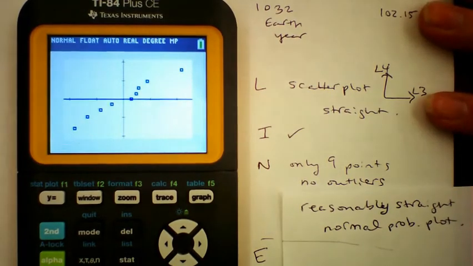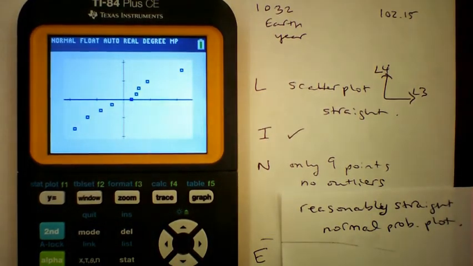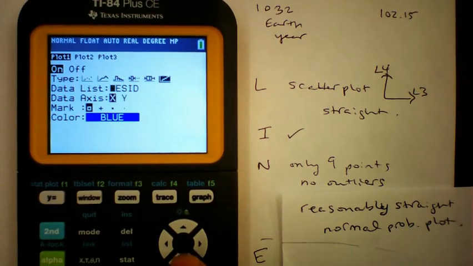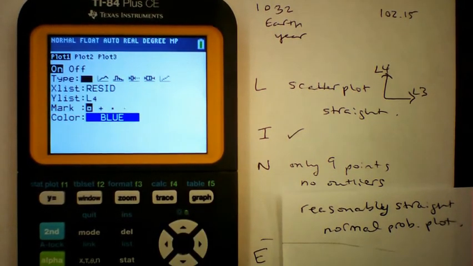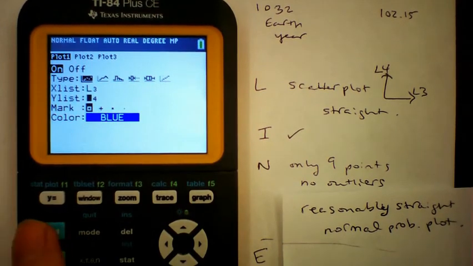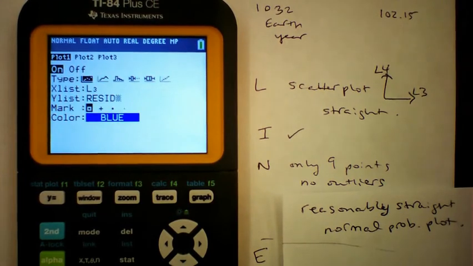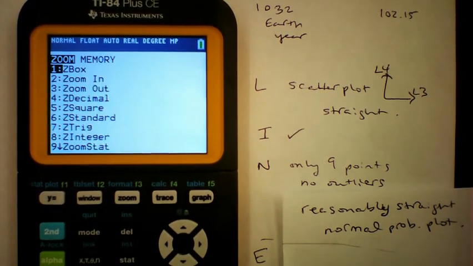To look at that, why don't we go into the stat plot, and we're going to go to a scatter plot of the residuals. That means we have to change our x to our L3 in this situation, and call in the list of residuals. And then we zoom 9.